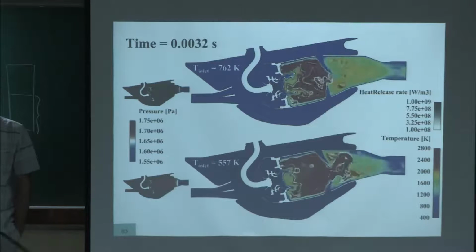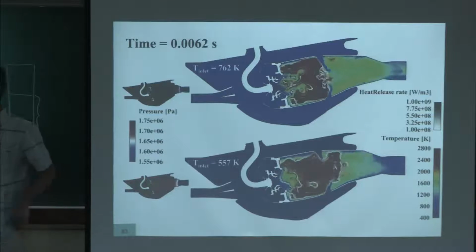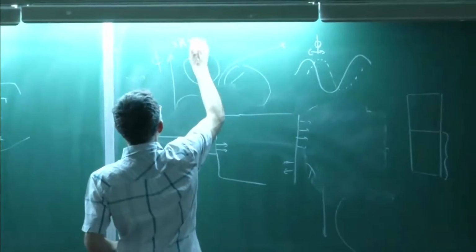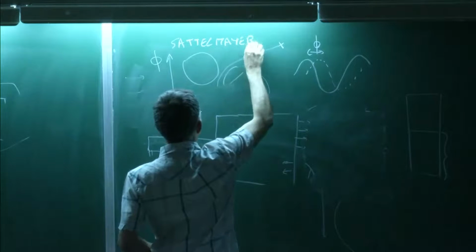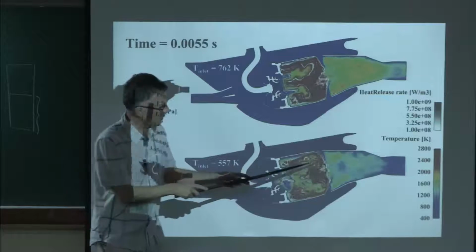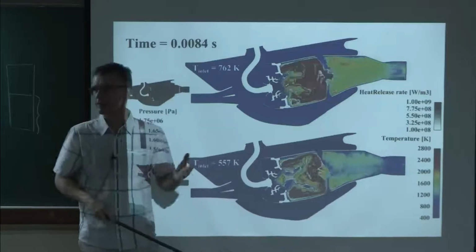And mixed modes, there's a big discussion about mixed modes because there's a guy called Sattelmayer in Munich. And Sattelmayer keeps saying, because he did some of these experiments, that if you make this chamber a little bit longer, all the entropy waves will be dissipated anyway.